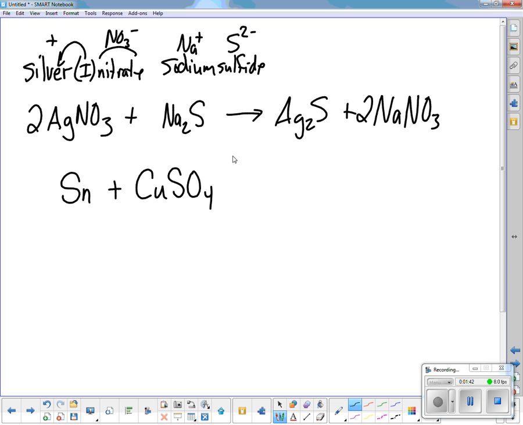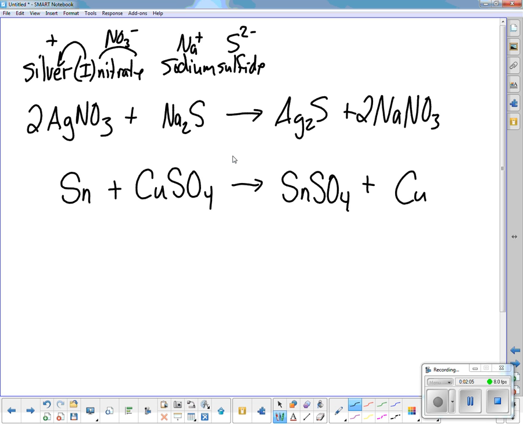So +2 -2, we just smash them together, gives, arrow, tin 2 sulfate. Well, we just said sulfate's a -2, so tin, if it's a +2, we're just going to put them together, plus copper. What type of reaction did I just write?